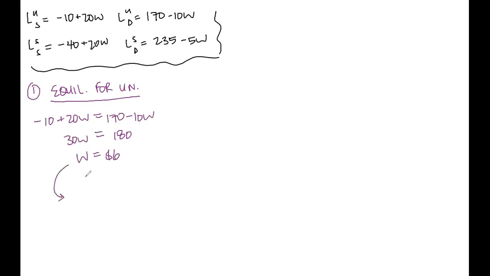And then plugging it back into either one, I won't forget this time, we get L equals, I'm going to use the second equation, so the demand equation, 170 minus 10 times 6, so 10 times 6 is 60, 170 minus 60 is 110. So we can see that in equilibrium for the unskilled workers, wages are 6 and level of employment is 110 workers.